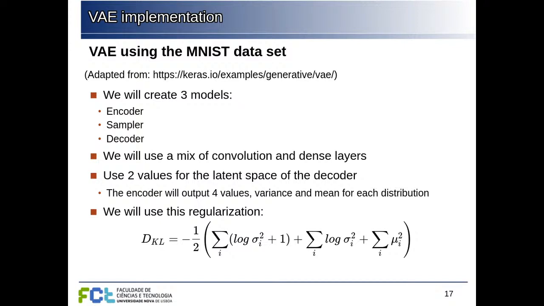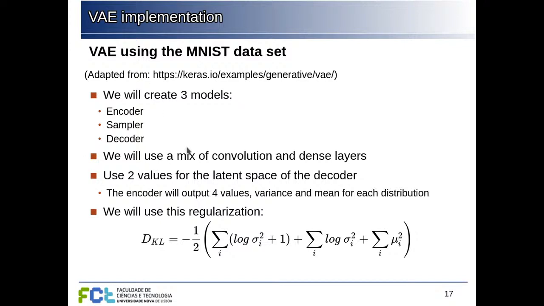We have the sampler, which will sample from those distributions one latent representation, one example of a latent representation, and then the decoder that takes that particular vector for that representation and will output the original image, or as close as possible to the original image during training. But after training, we can just give it different representations and obtain different examples.